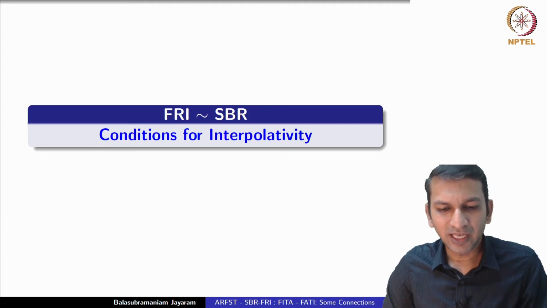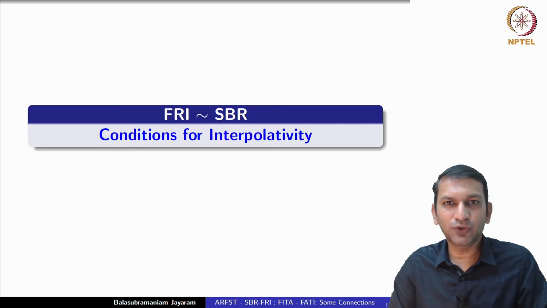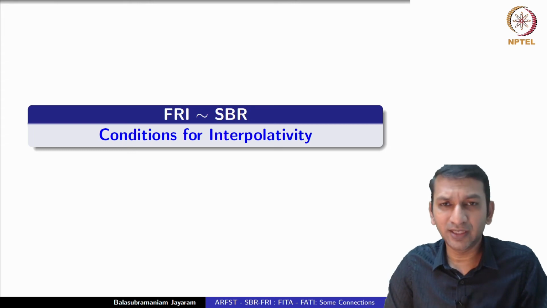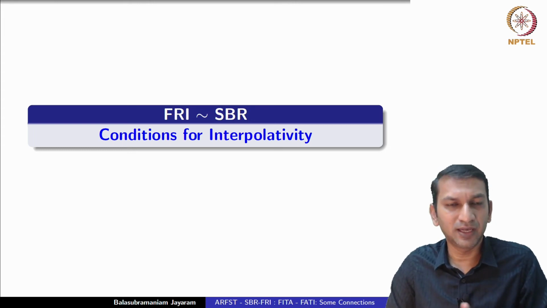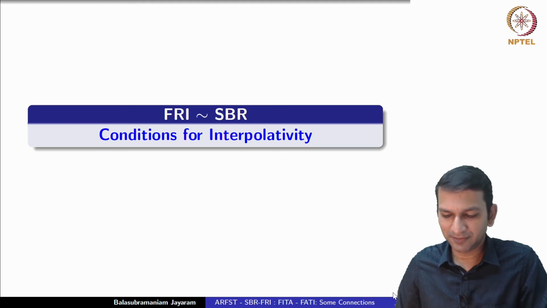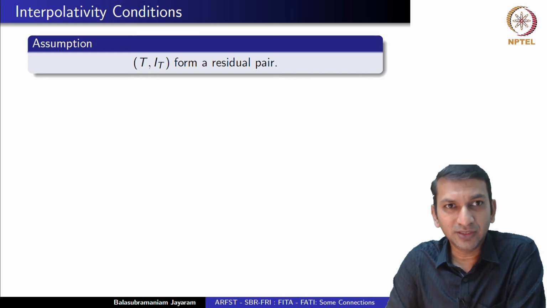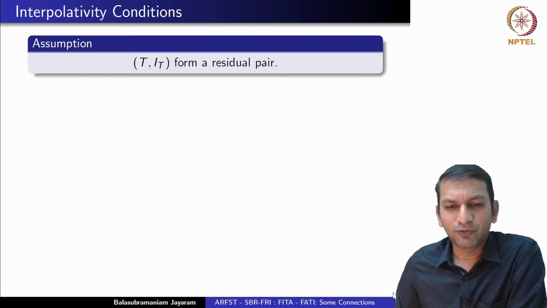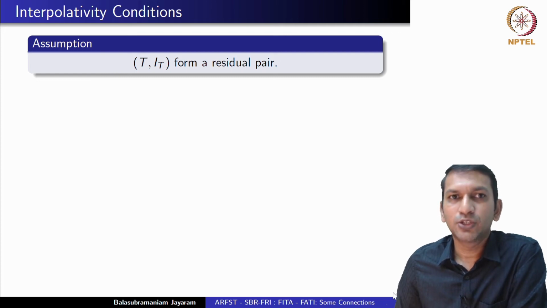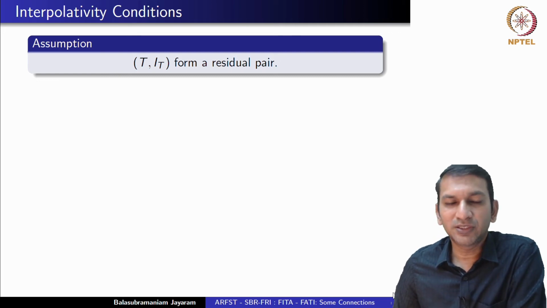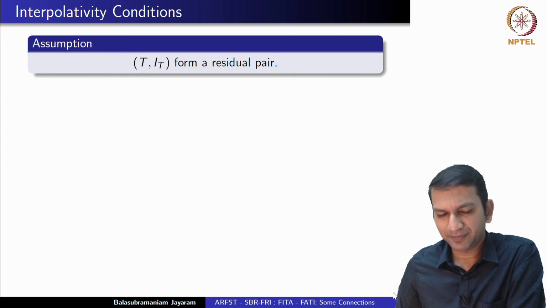Not just this, if you look at the conditions for interpolativity that we have seen in the last week of lectures, they also show some kind of similarities. For instance, look at the interpolativity conditions for an FRI. Of course, we have the assumption that T and IT form a residuated pair, so the operations are coming from a residuated lattice.